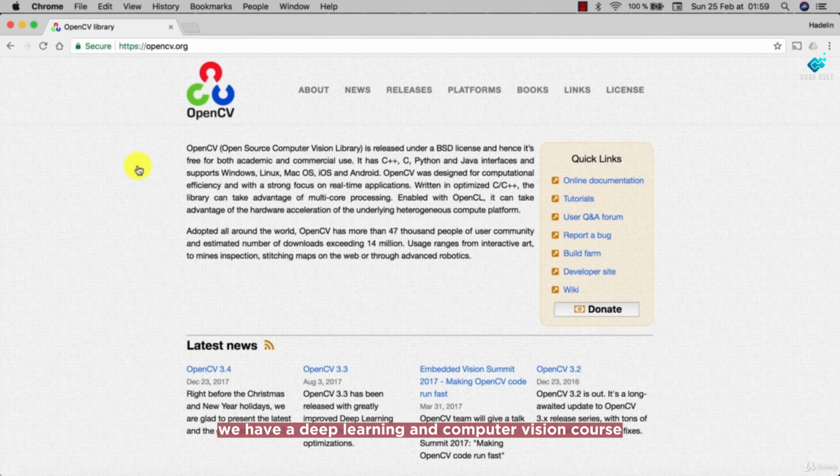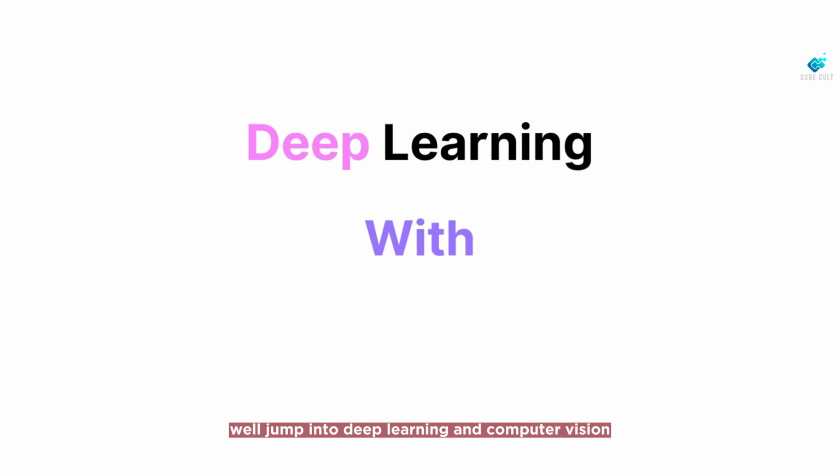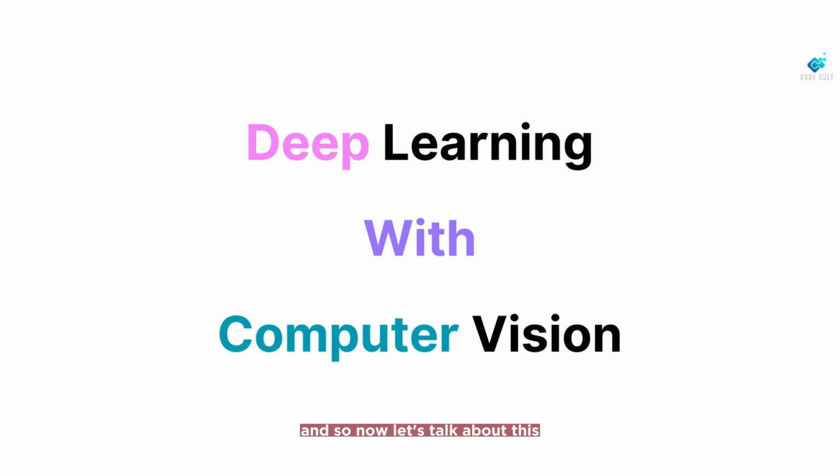We have a deep learning and computer vision course that introduces you to OpenCV, and actually we build a model based on OpenCV to recognize eyes, noses, and mouth, and even a smile. We make a smile detector with OpenCV. So start with this, and then once you're ready to take it to the next level, well, jump into deep learning and computer vision.